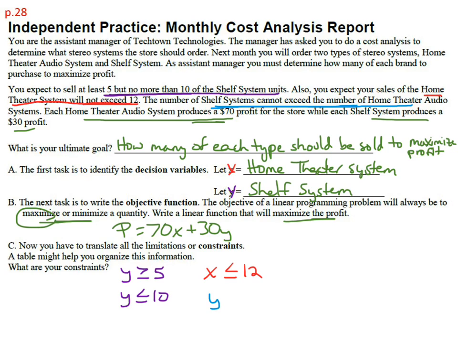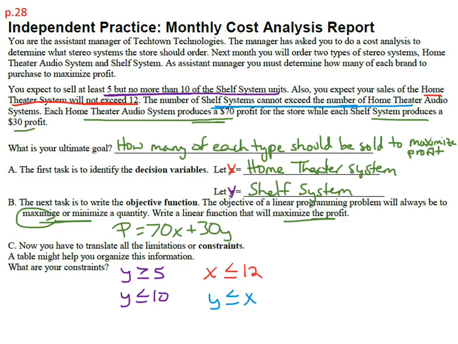So that means that our y value will have to be less than or equal to x. Okay. Now here we're not going to use the common sense constraints because we've already limited our x and y values. Our y value should be greater than or equal to 5, but less than or equal to 10. And our x is going to be less than or equal to 12.